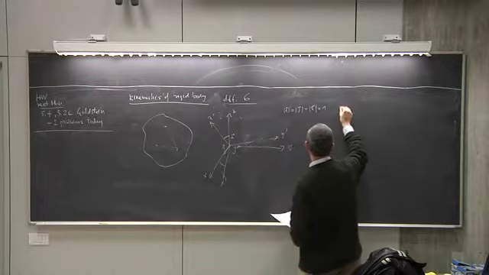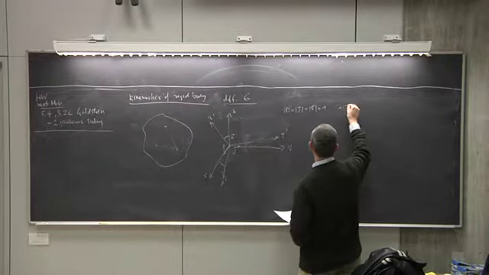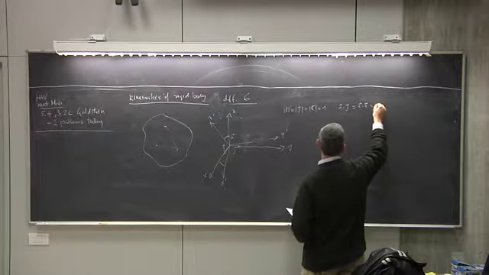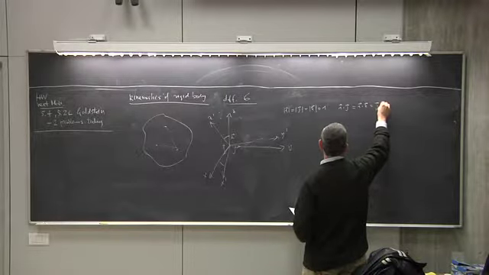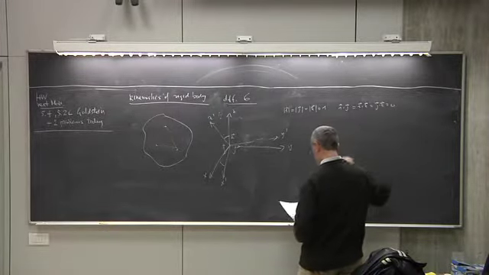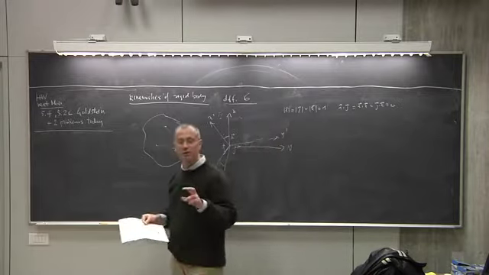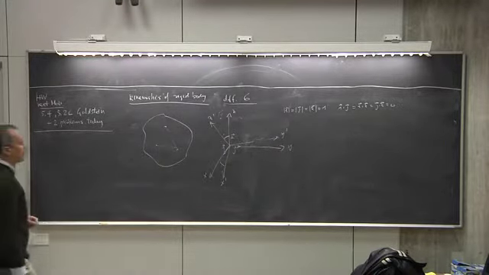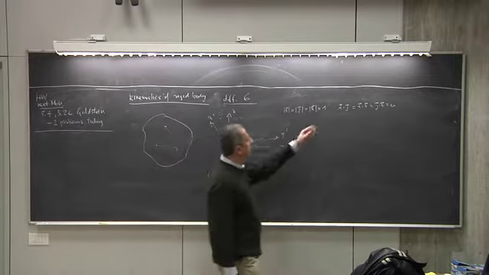Meaning that if you take i dot j, this is equal to i dot k, that is equal to, I guess, j dot k, and they are equal to 0, right? That defines an orthogonal set of unit vectors.